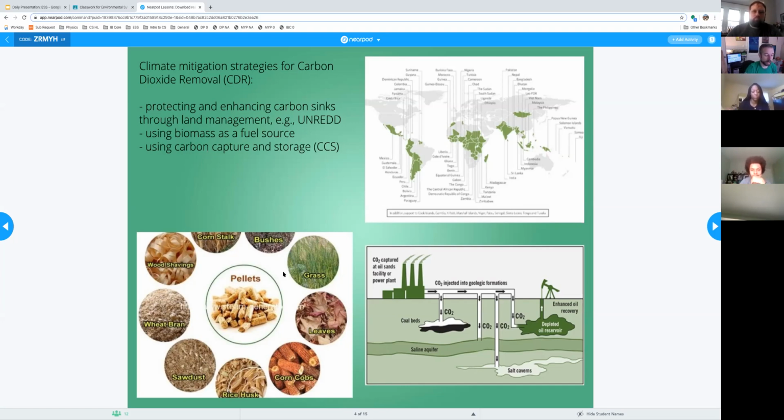So speaking of carbon dioxide scrubbers, here we have carbon capture and storage, and this is showing us generally how that happens. This is a general diagram where you take that carbon dioxide, you scrub it out, and you inject it into the very places where those fossil fuels originally came from. This is very controversial.